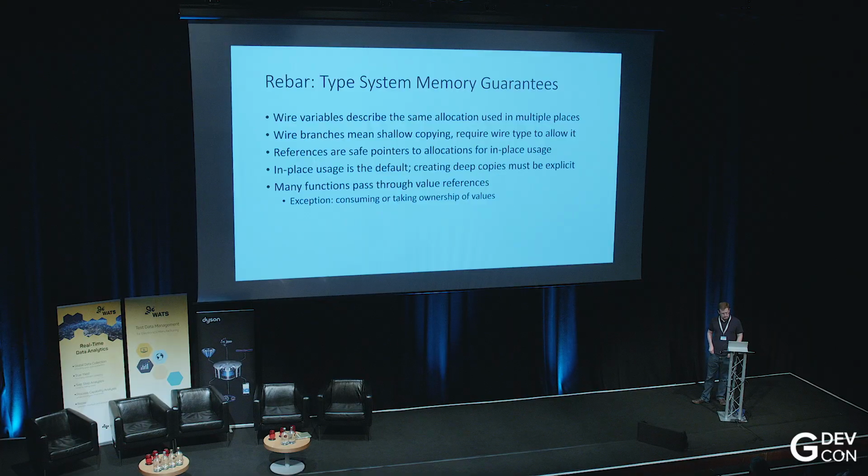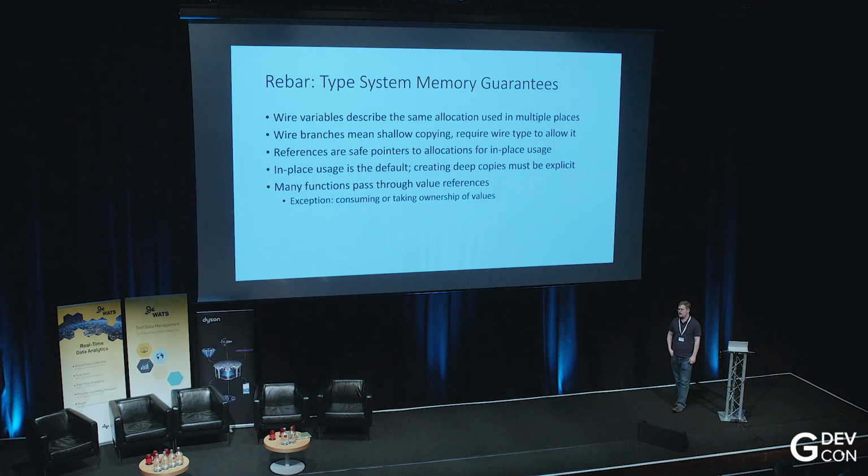In particular, what a wire branch means in Rebar is always that you are creating independent variables for each of the sinks of the branch, and that you are shallow copying the value from the source into each one of those sinks, which is only allowed if shallow copying the type on that wire is safe to do. So for simple types like numbers and for immutable references, it's safe and simple to shallow copy a variable into different places.